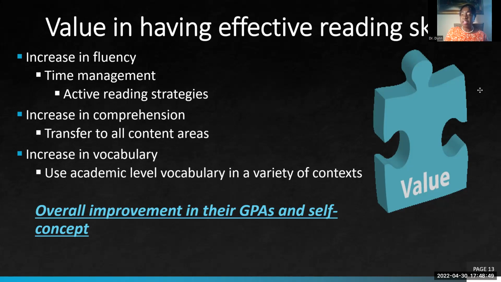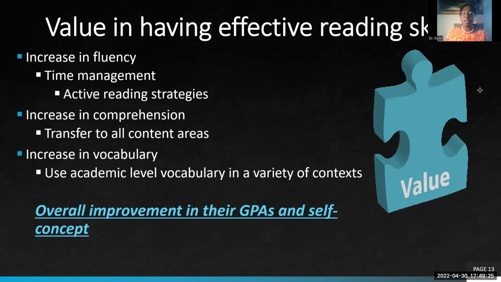You have active reading strategies, because a lot of college students struggle with internal distractions. They're reading and they're thinking about what they're going to be doing next. If we have strategies such as the Pomodoro technique, annotating while we read, looking for specific vocabulary words, question-answer relationship, think and search, the author and me, all these different strategies that we integrate into the class will help them to be better readers and more active time-managing participants.